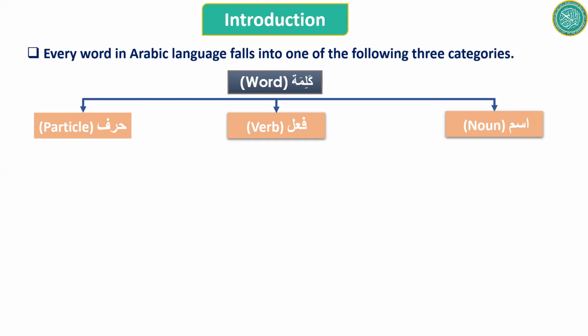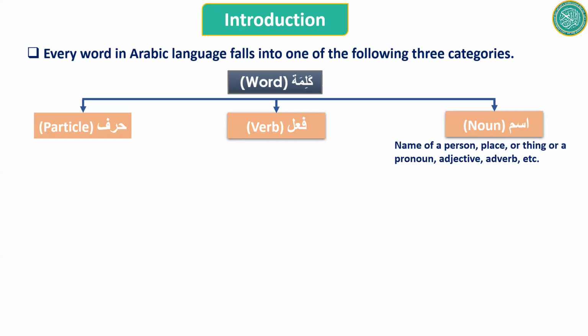You should know the English translation of them, but in this class, when we mention them as ism, fail, or harf. Okay, what is ism? As we discussed before, name of a person, place, or a thing, pronouns, adjectives, adverb, all of that. It's called ism.